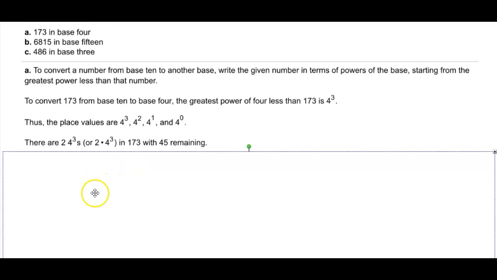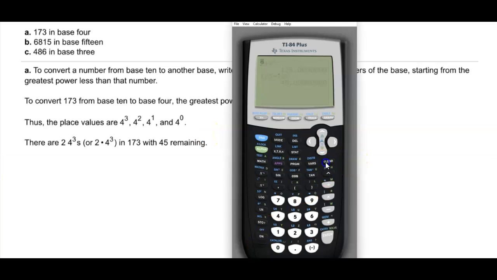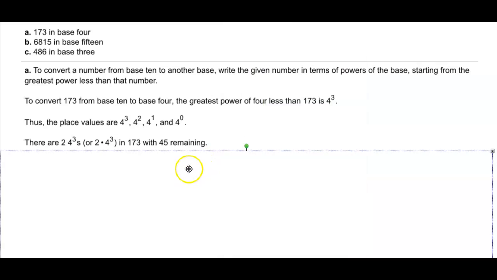And so there are 2 4 to the third powers in 173 with 45 remaining. So let's go ahead and take a look at that. If we take 2 times 4 to the third power, that gives us 128. 173 minus 128 leaves us with 45 remaining.